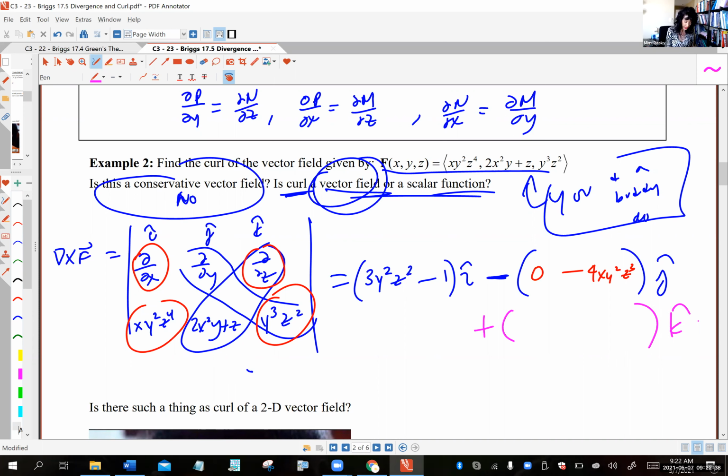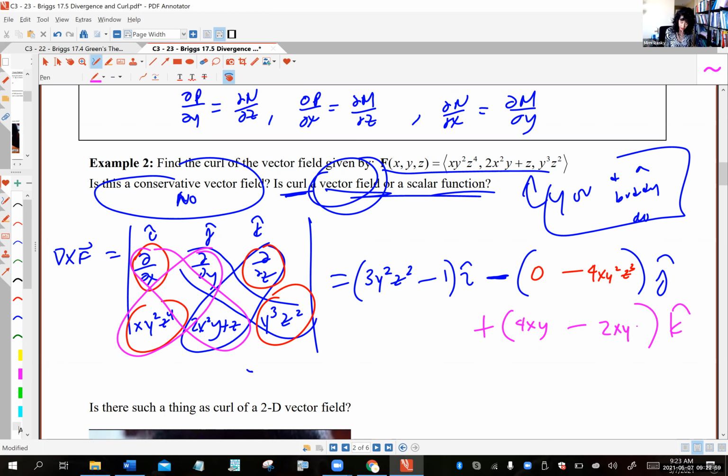So you're going to have the d/dx of 2x squared y plus z, and I think that's going to be 4xy. Minus the partial with respect to y of x y squared z to the 4th. That looks like it's going to be 2xy z to the 4th.